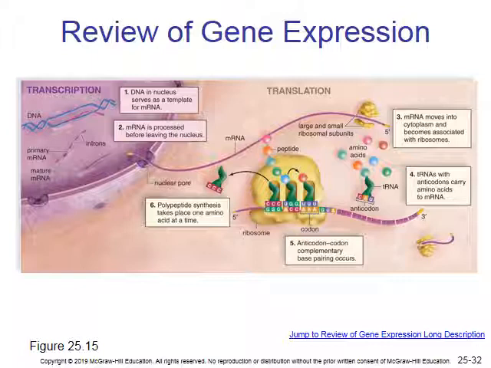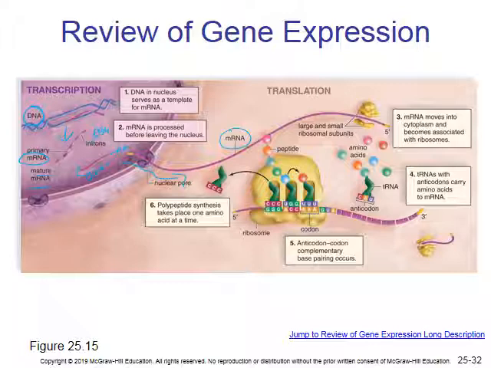Here's a nice overview of our gene expression. So we know that the DNA is going to be transcribed into messenger RNA. We know that that messenger RNA has to be processed, right? So we remove the introns. We join the exons. We're going to put a 5' cap and a poly A tail, and we're going to send that messenger RNA out into the cytoplasm of the cell for translation.